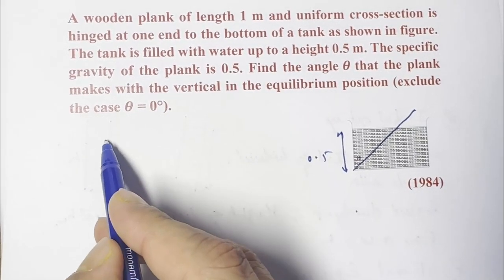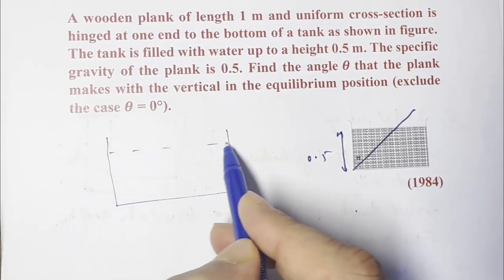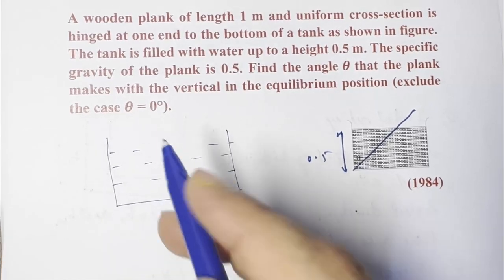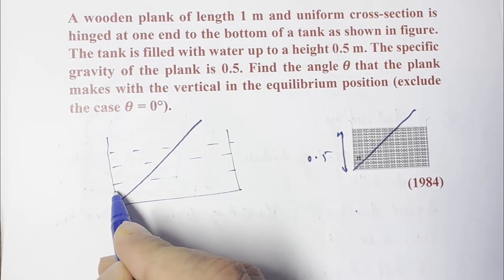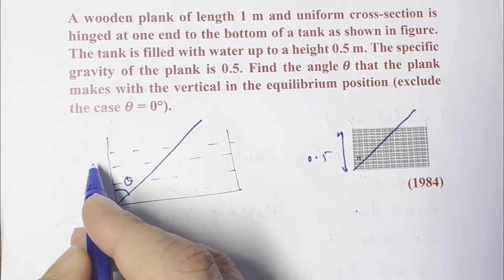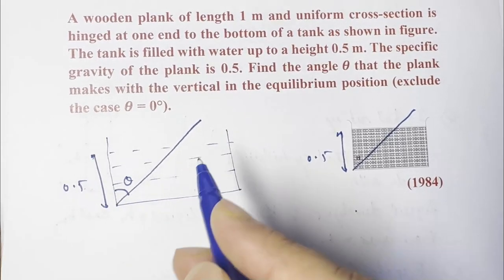Let me redraw this figure here. So this is making an angle theta, and we have a vertical height that is 0.5.